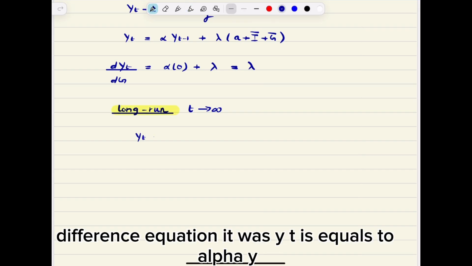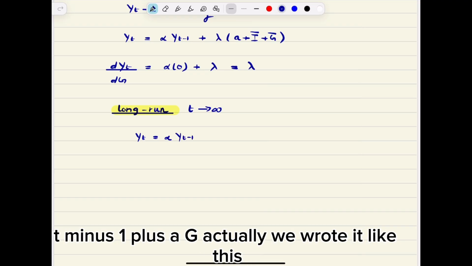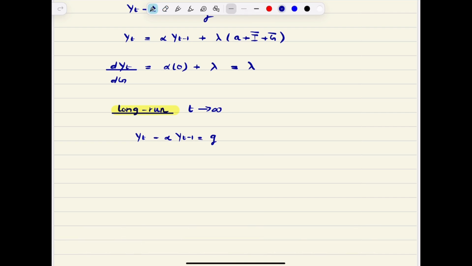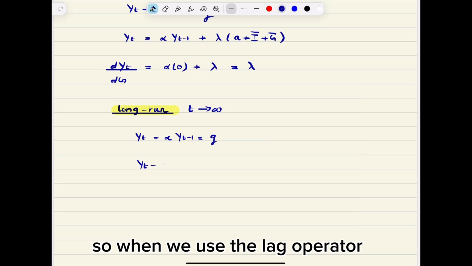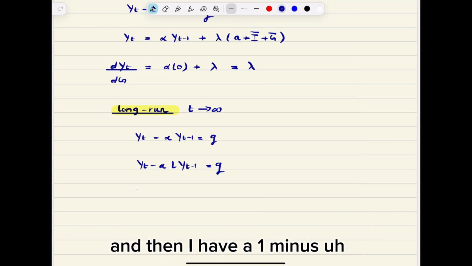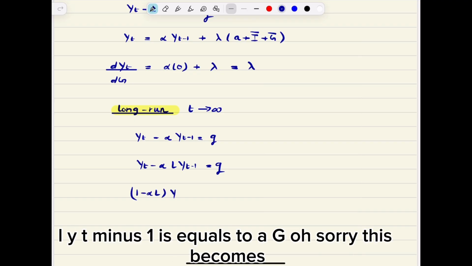It was yt equals alpha yt minus 1 plus a g. Actually, we wrote it like this. There was a minus here, and when I use the lag operator, I put a lag operator here: yt minus 1 equals a g, and then I have (1 minus alpha L) yt equals a g.